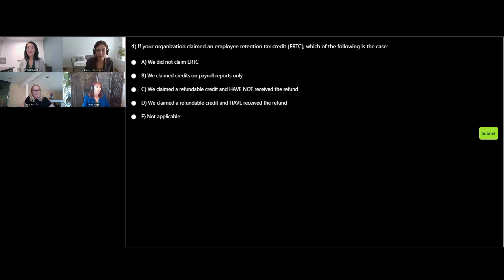So the poll is open. We did not claim an employee retention tax credit that was available from March of 2020 through September of 2021. We claimed credits on payroll reports only, so taking it as a credit against your payroll tax due on your Form 941 quarterlies. We claimed a refundable credit and have not received the refund.